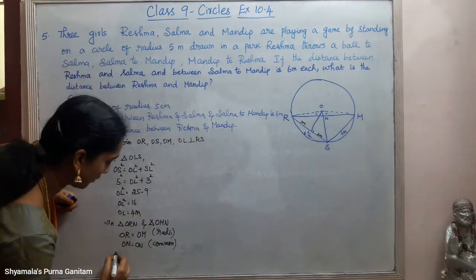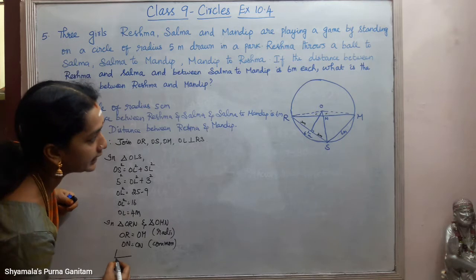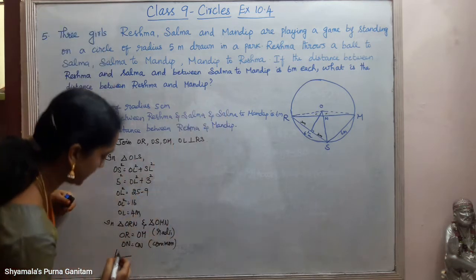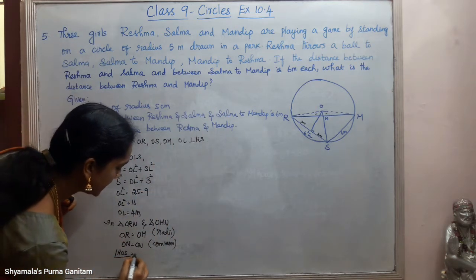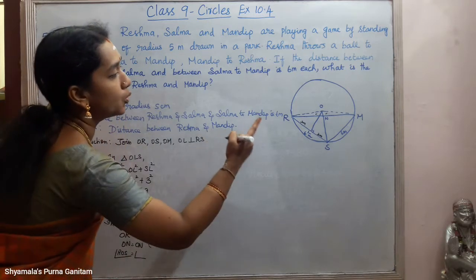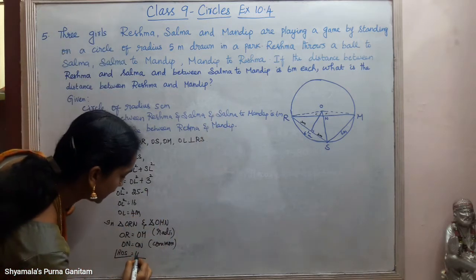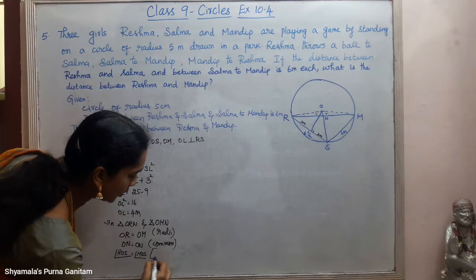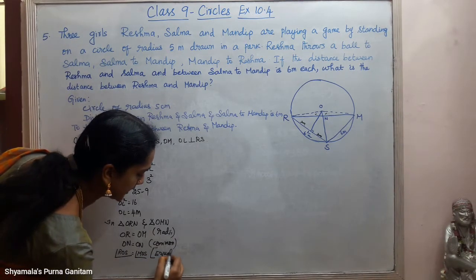So by that property we can say that angle ROS is equal to angle MOS. Equal chords subtend equal angles at the center.